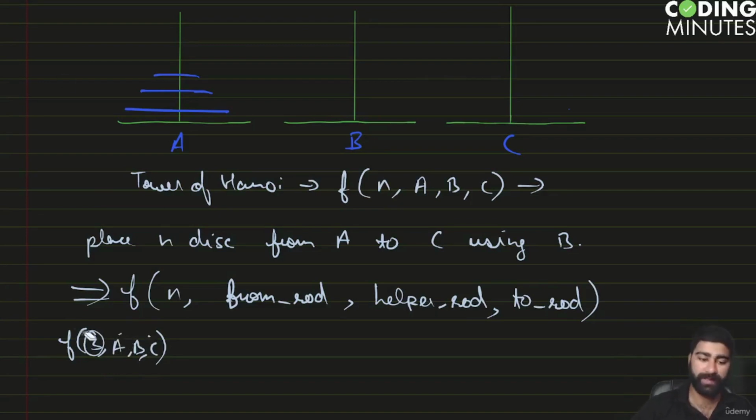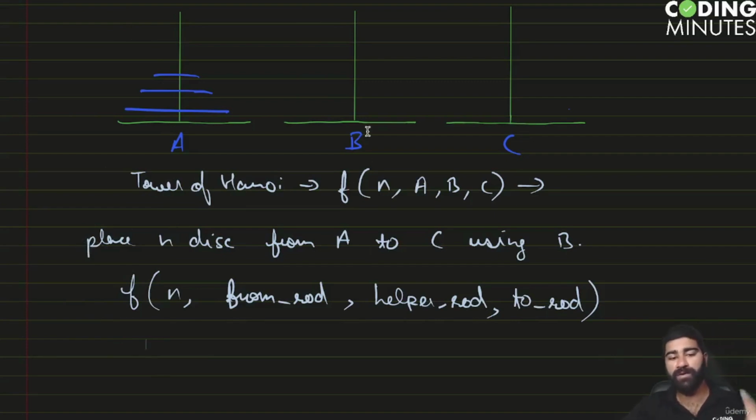But how will you do it? That's the most important part. So now let's just think about it. We want 3 disks from A to be moved to C by using B. Now tell me, what will be the final case? What should be the end step of this movement?